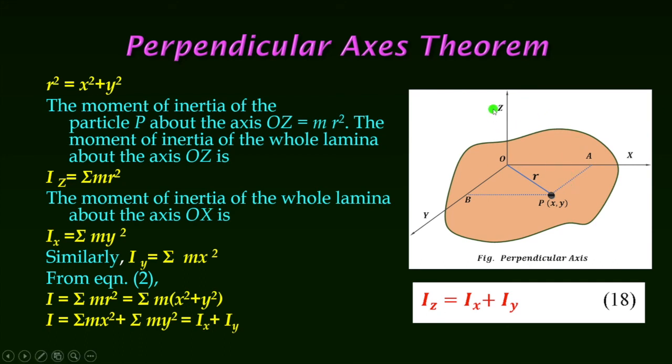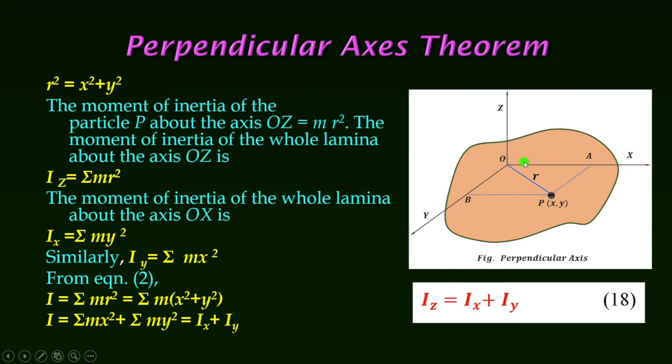Let's consider that we know this Iz value, that is equal to the integration of r square dm, or summation of m r square.